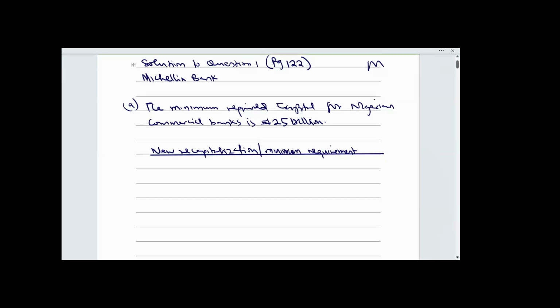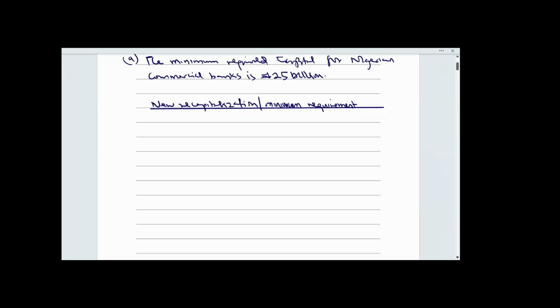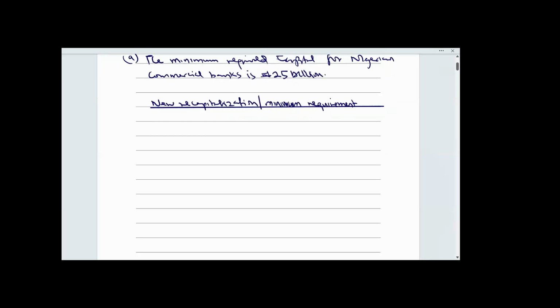We have the commercial banks, category A, which are for commercial banks. Under the commercial banks, there are three different thresholds. The first one is banks with international authorization.